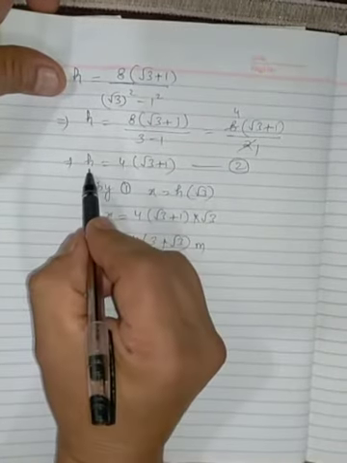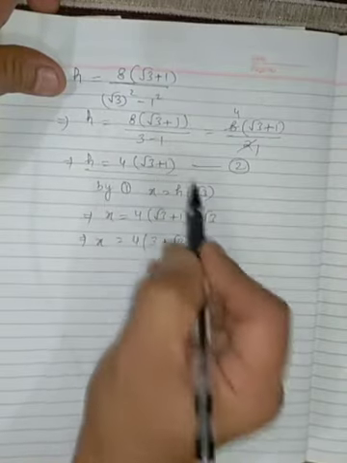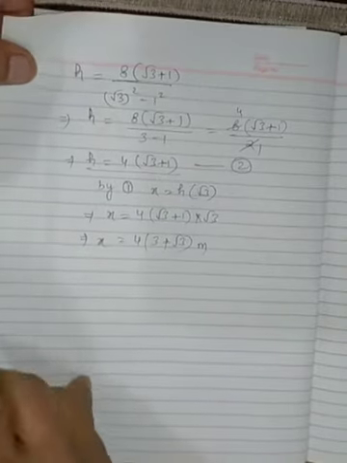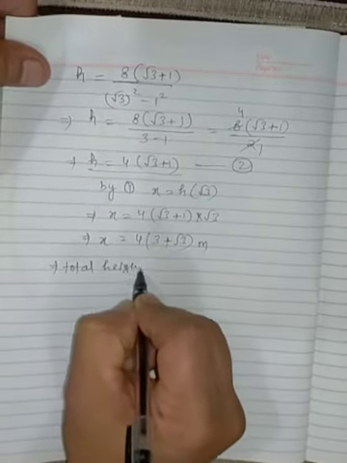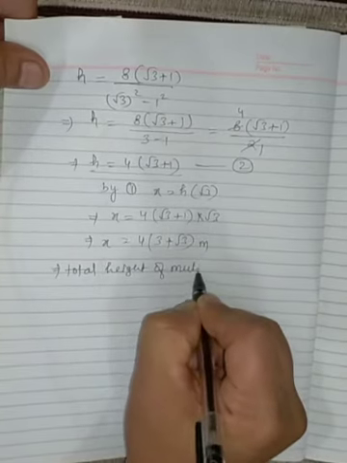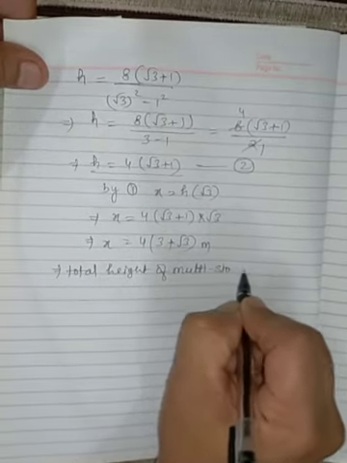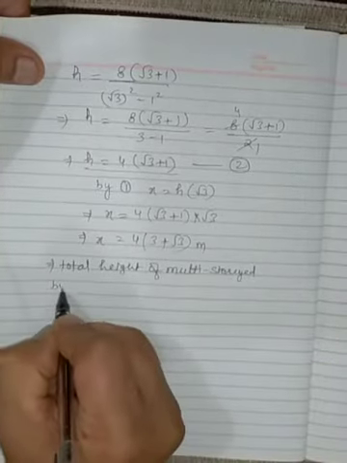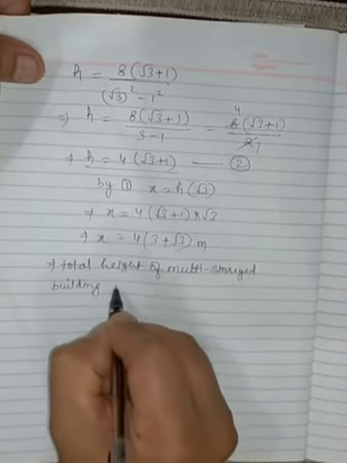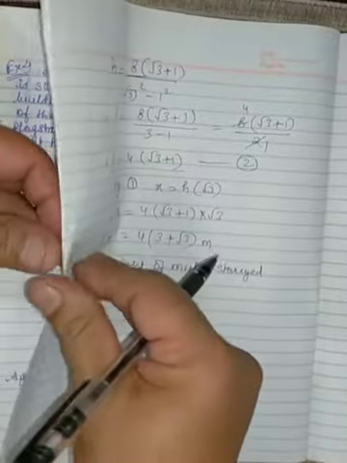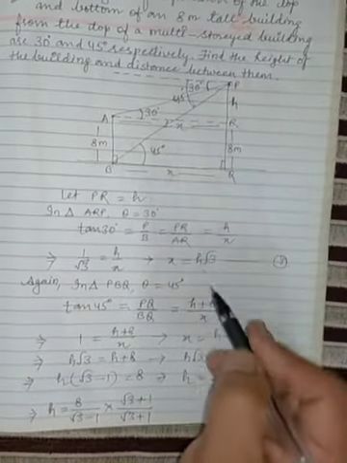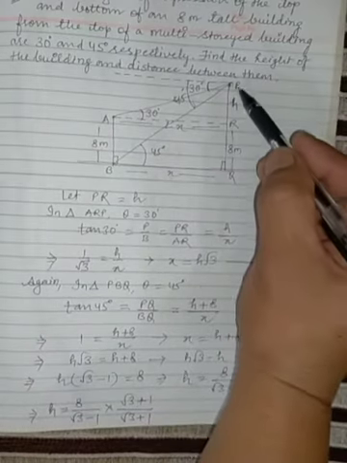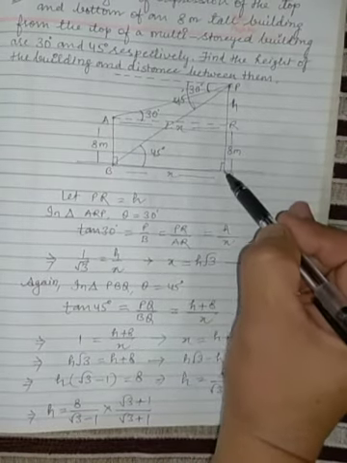So here the height of the multi-storied building is given by H, but the total height of multi-storied building is equal to, just now we have found only the value of H, this part, but the total height of the multi-storied building is H plus 8.